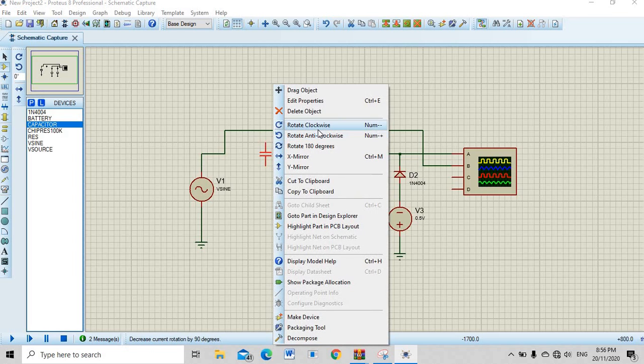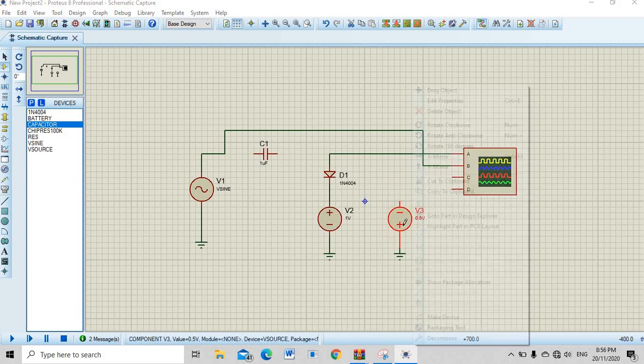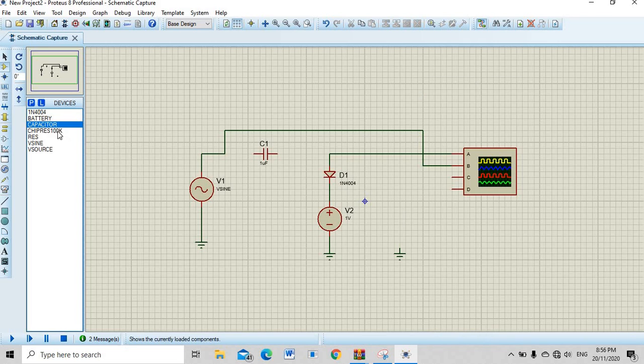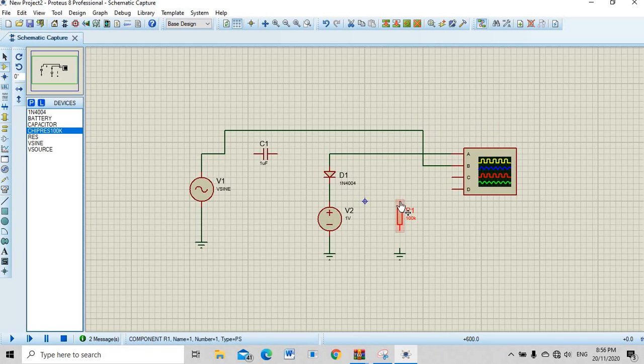Rotate. Delete this and this. The resistor we put here. Then connect all the wires.